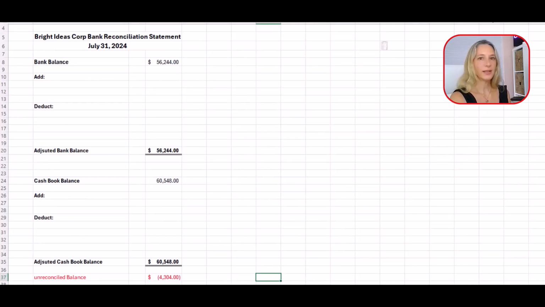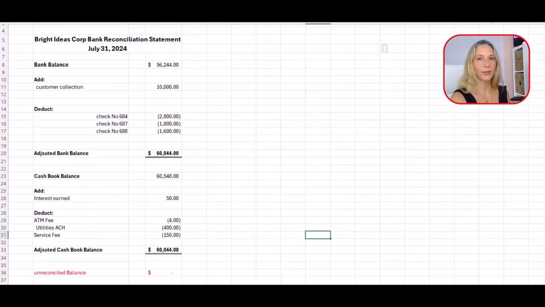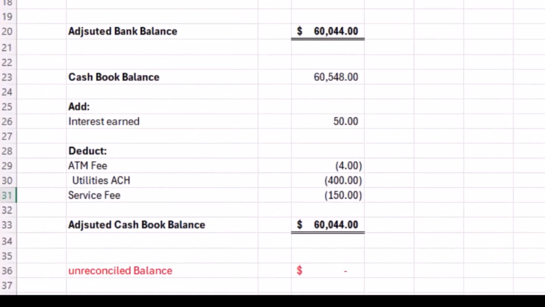So moving on to step 5, adjust the cash account book balance. In our final step, we now enter in the bottom portion of the bank reconciliation template the transactions in our bank statements that are not in the cash account accounting records. These will adjust the book balance we have previously entered.